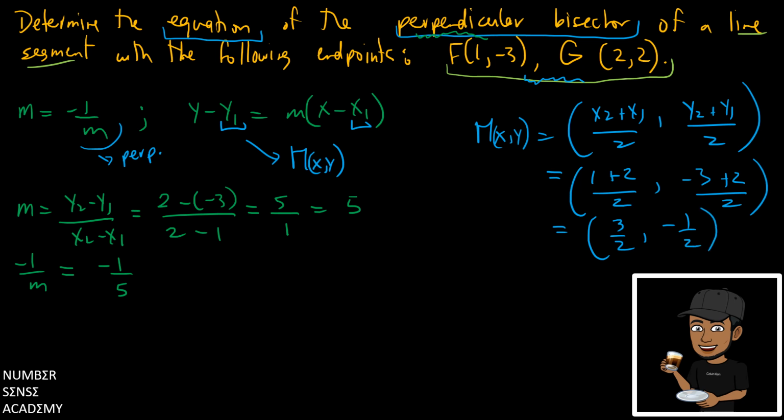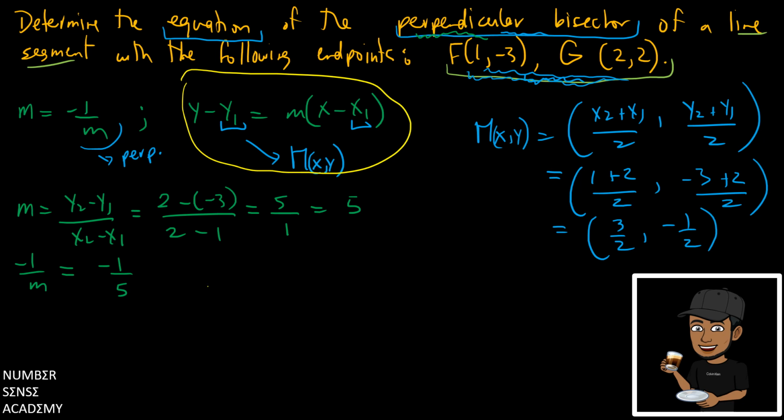This midpoint sits on this line, and it also sits on the perpendicular bisector. So with this information, I can now find my equation.